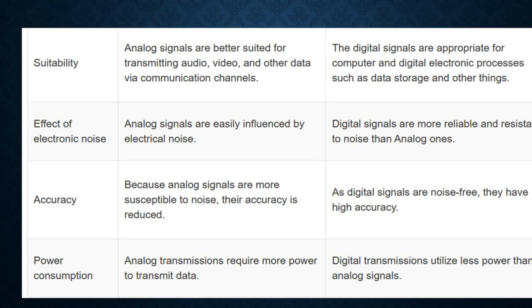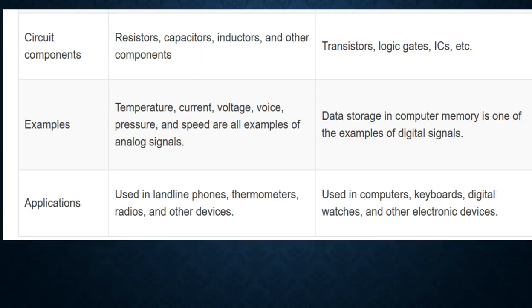Power consumption: analog requires more power to transmit data, whereas digital signals utilize less power. Circuit components: resistors, capacitors, inductors, and other components are used in analog, whereas in digital signals we use logic gates, transistors, ICs, integrated chips, etc.